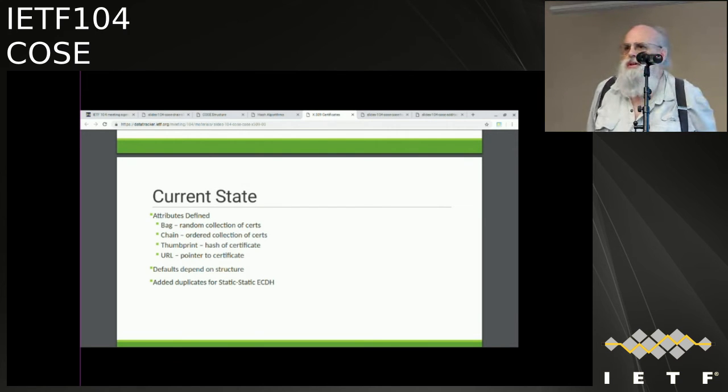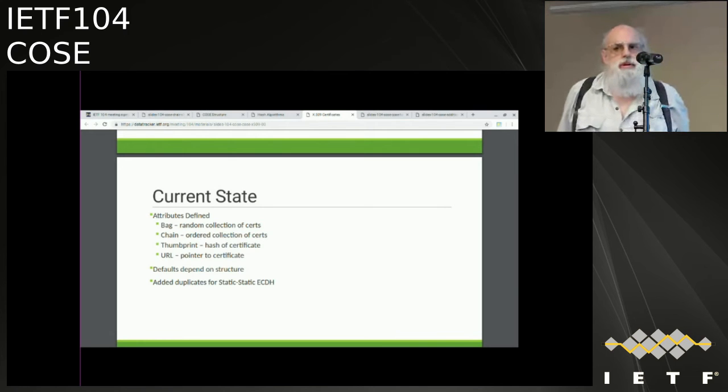The defaults in terms of what you are referring to, whether something on the signer's end, the originator's end, or something on the recipient's end, depends upon whether you're looking at signing or key agreement. Signing, it refers to the originator's end. Key agreement, it refers to the recipient's end.